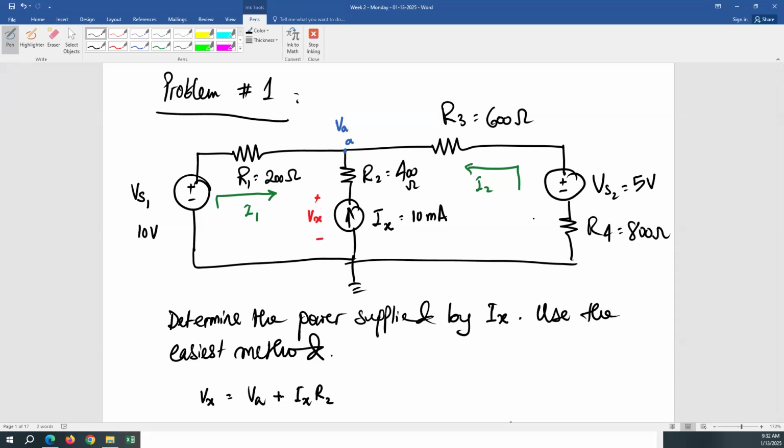So both I1 and I2, according to the direction that I'm choosing, are going to be negative values. That means the actual directions are opposite because VA has higher value than Vs1 and Vs2, but it has lower value than Vx. The direction of Ix, of course, is the correct direction because we are putting that source, so that current is always going to flow in that direction.